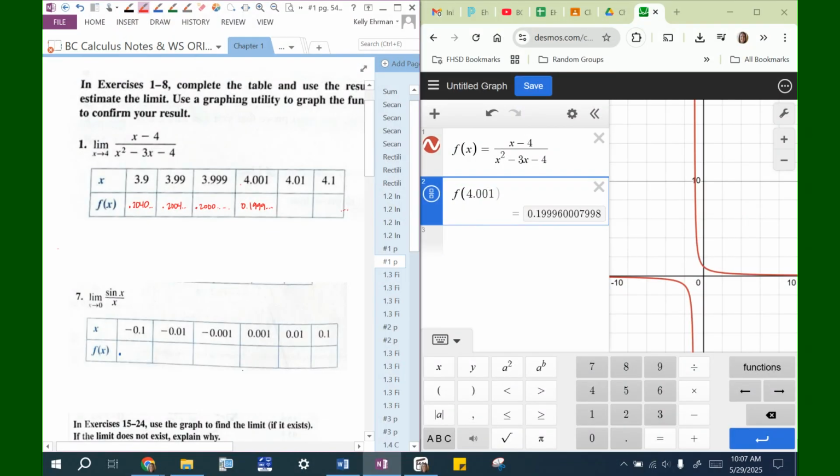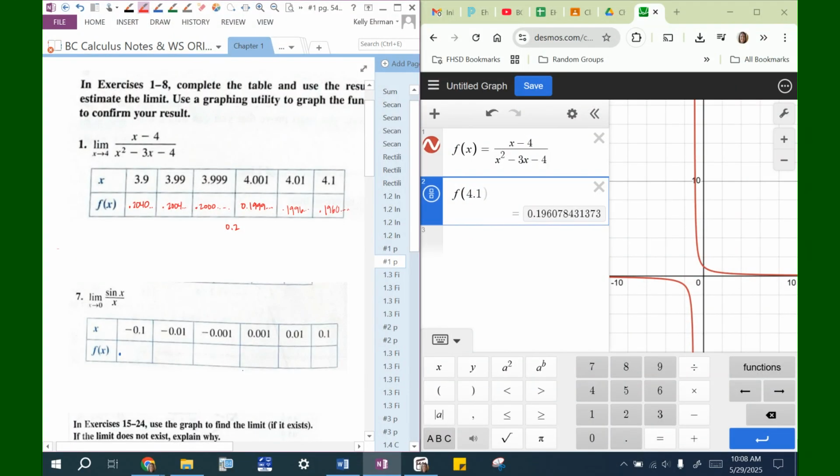So the 2 points that are closest to 4, you're getting awfully close to 0.2. And then as you get a bit farther away, we stray farther away from this again. So 0.1996. It's kind of silly to go farther from the point you're trying to evaluate, but we get the idea.